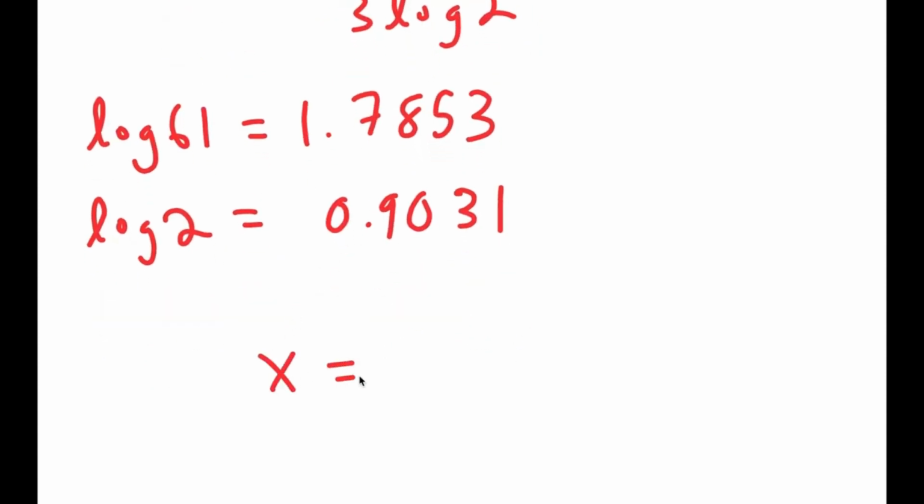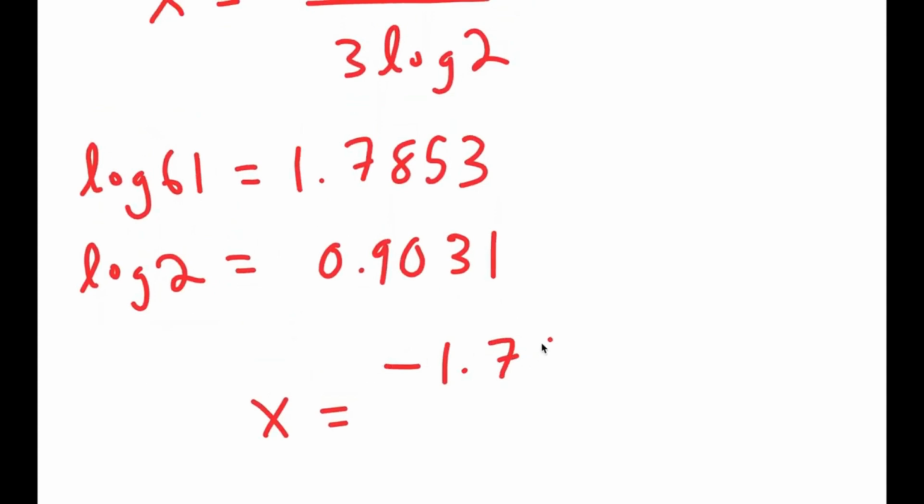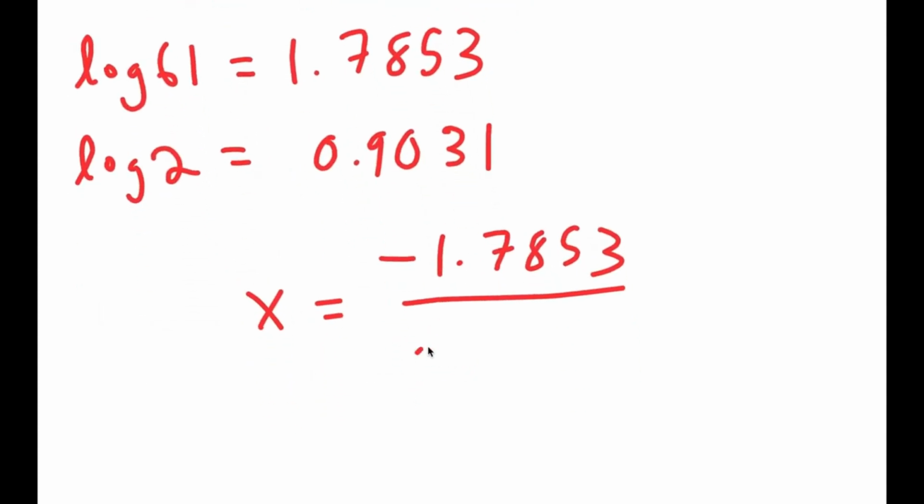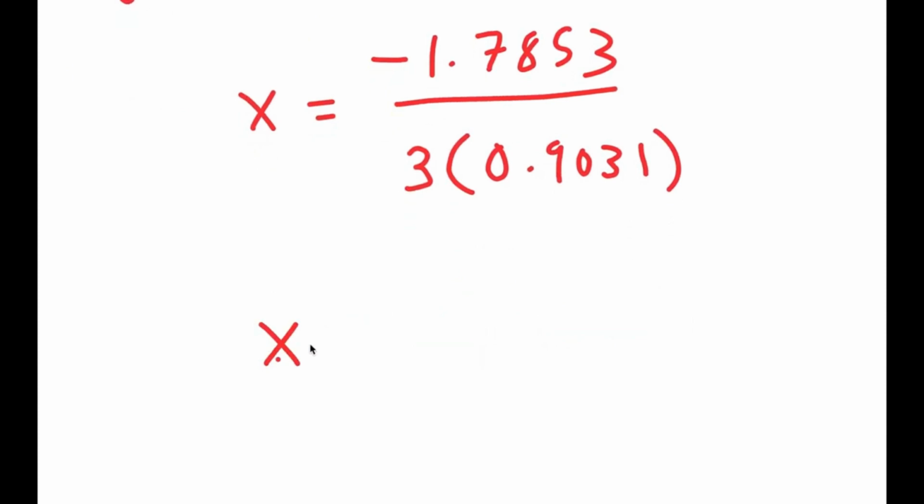So now I get x is equal to negative 1.7853 over 3 times 0.9031. And this is equal to negative 1.9769.